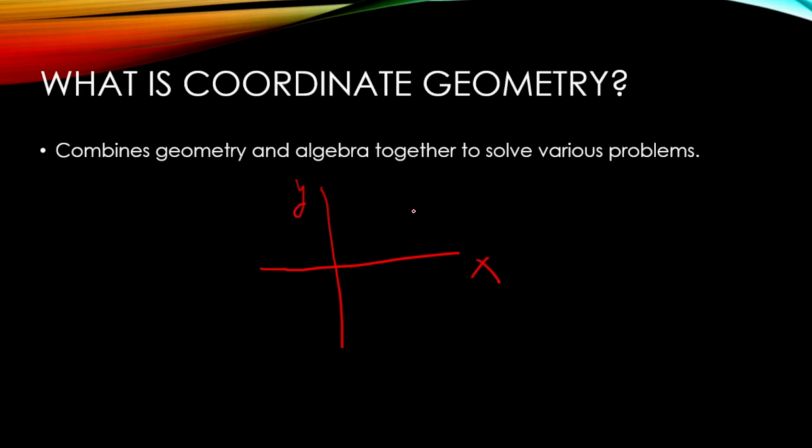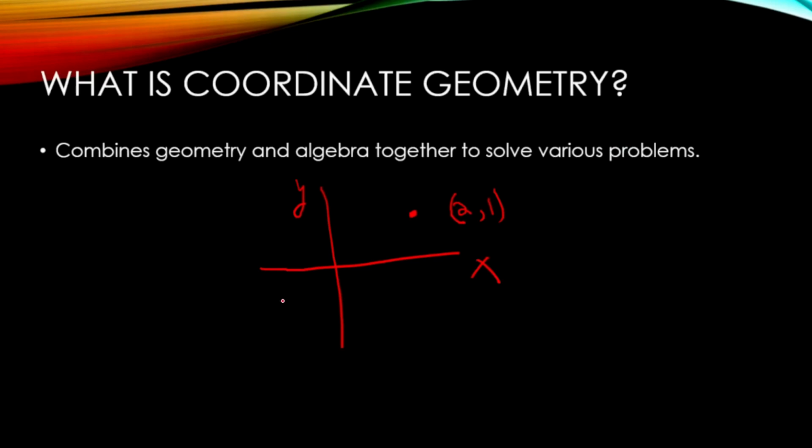If I was to draw a point over here and ask you to determine its location, then we will determine its location according to the coordinate axis, how much it has moved in the x scale and how much it has moved in the y scale. So for example, we can say its position is 2 in the x scale and 1 in the y scale. This will be very important in coordinate geometry.